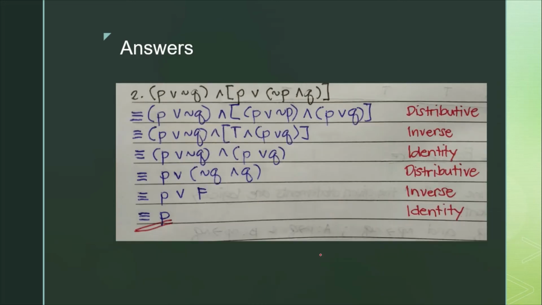For number 2, again, same process. We have this: the quantity P or not Q in conjunction with the quantity P or the quantity not Q in conjunction with Q. Distribute.